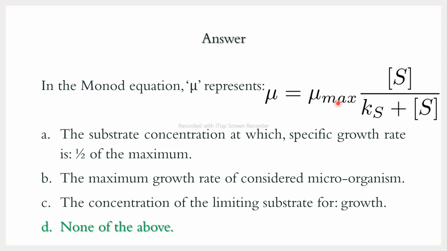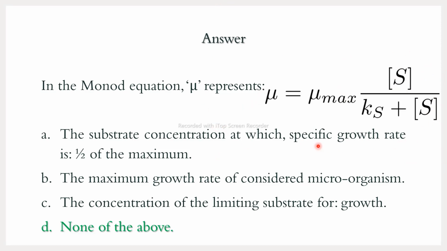So our earlier yield equation was given something like this: mu equals Y into (S naught minus S) into the ratio of the thetas. So it was given in the earlier problem.